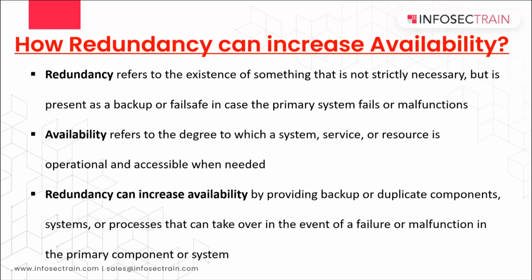By having redundant systems in place, the overall system can continue to function even if one or more components fail. This helps ensure that the system remains available and operational, reducing the risk of downtime and improving reliability.